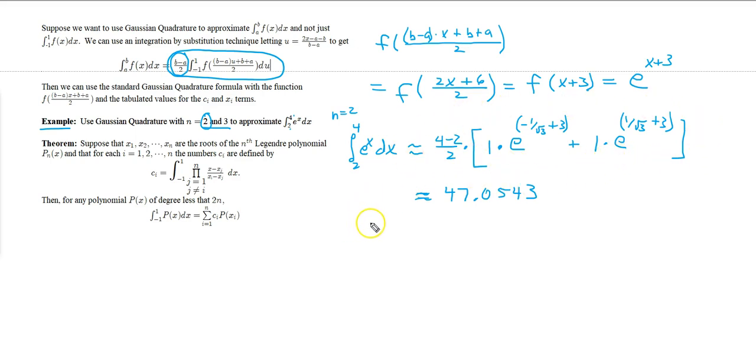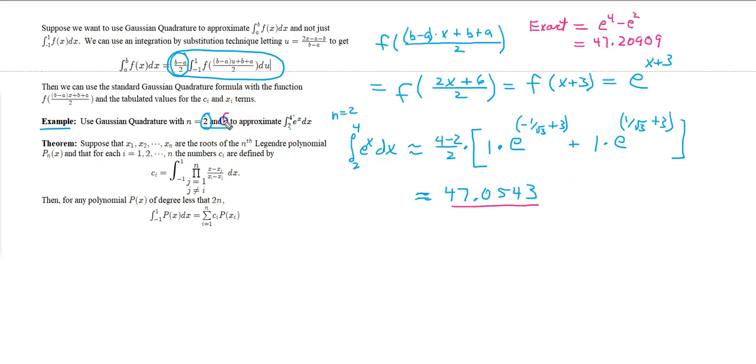Now it's also interesting to note that the exact value, of course, is going to be e to the 4th minus e squared, and carrying that to decimal places, that is 47.20909. So yeah, this is a pretty good approximation, considering that we only used 2 node values.